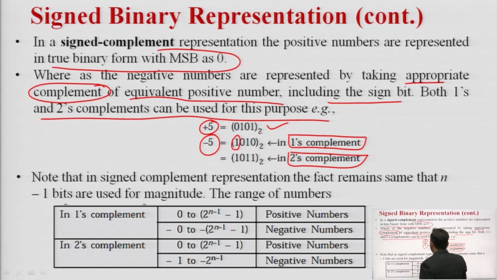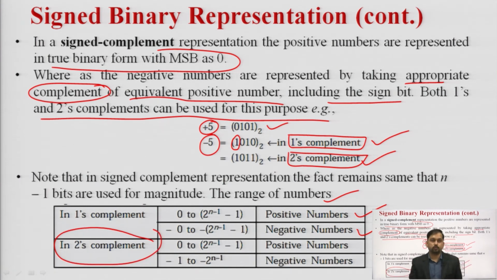In this way we have both the ones complement representation and the twos complement representation of minus 5, a negative number. If n minus 1 bits are used for magnitude, the range of the numbers for ones complement is 0 to 2 raised to power n minus 1 for positive numbers, and for negative numbers minus 0 to minus of 2 raised to power n minus 1. Similarly, we have the range for twos complement also.